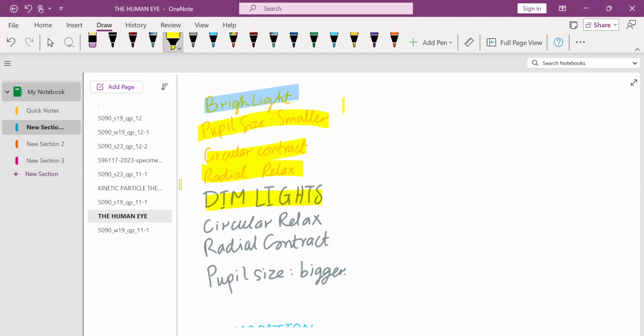However, when there is dim light, circular muscles relax and radial muscles contract, and the pupil size becomes bigger, so more light can enter our eye. In bright light, the pupil becomes smaller, so less light enters our eye. This is one of the important things you need to memorize in this chapter.